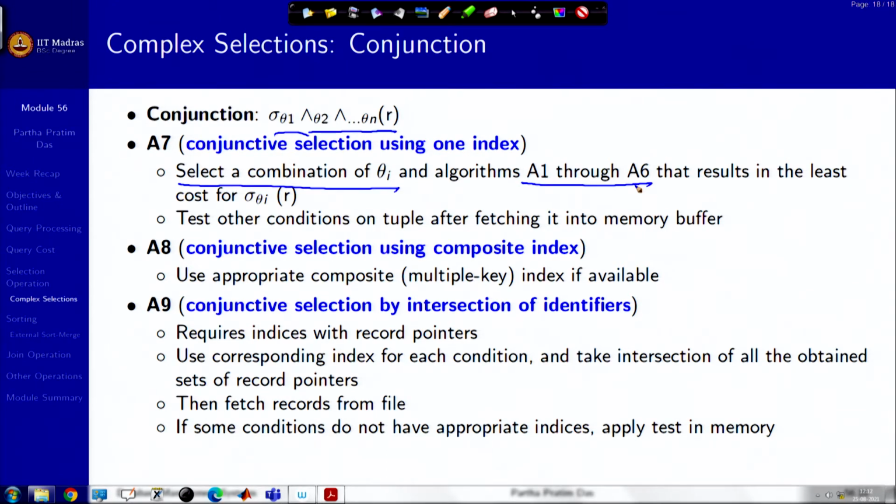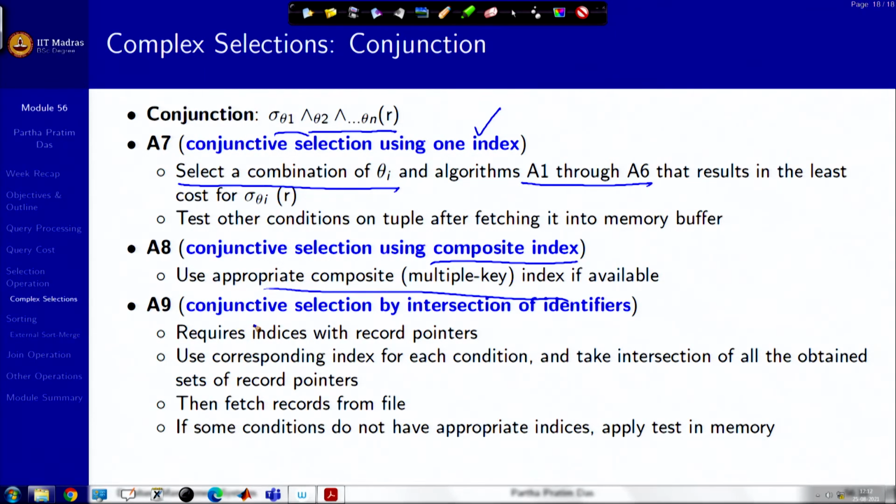Since you have one index, you use that index to make one particular condition be satisfied faster, which gives a subset of the relation, and then you apply other conditions in the memory buffer, where the size has possibly become less. If it is a composite index, then you have to use the appropriate multi-key index.